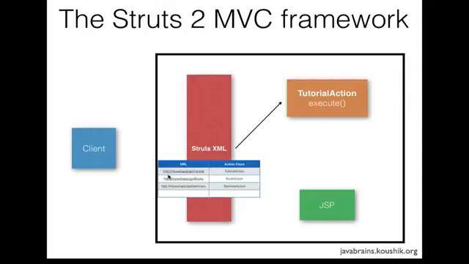Now with this configuration in the struts XML and with this action class, we have an initial flow established from the client request to a method execution. This is not sufficient to have a complete request response cycle, but this is something that we can get started on. So let's open up our Eclipse and at least code the first path that we understand so far.